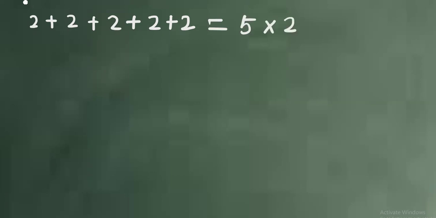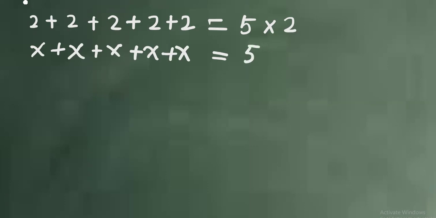And if we use x to replace a number, it will be x plus x plus x plus x plus x, which equals 5 times x. We can write it as 5x, or 5 times x using a dot to represent the times.